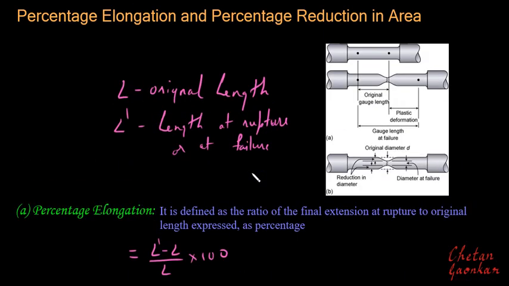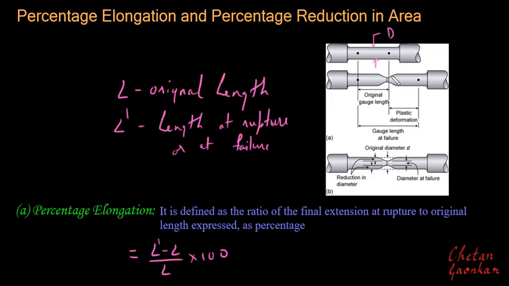But now our second parameter is the percentage reduction in area. Look here, earlier when this specimen was prepared, the area was somewhat this, right? Suppose this is the capital D. But what happens to this specimen once the rupture or failure occurs?